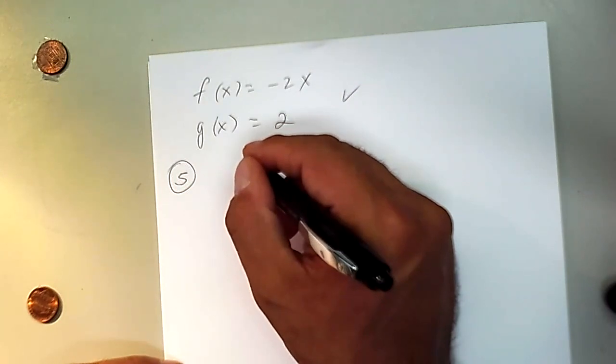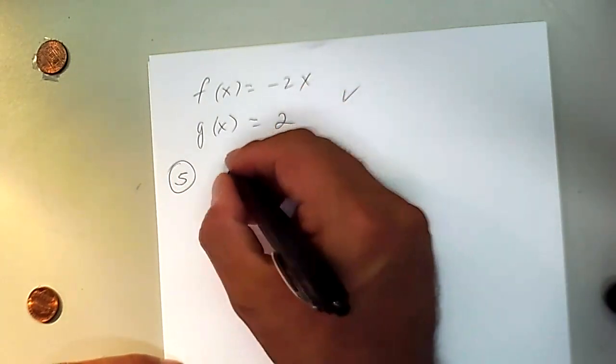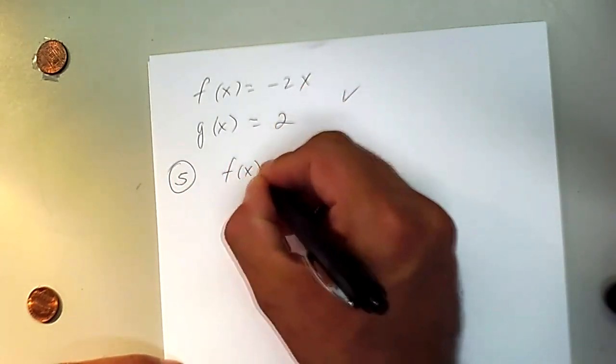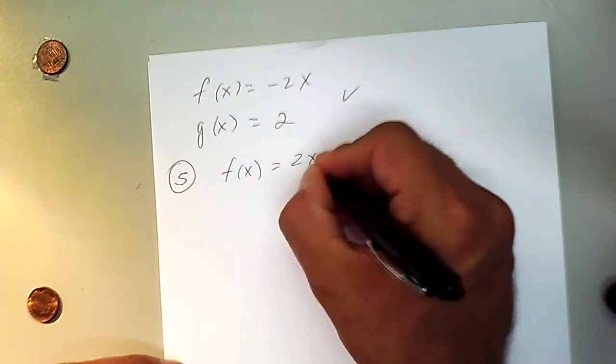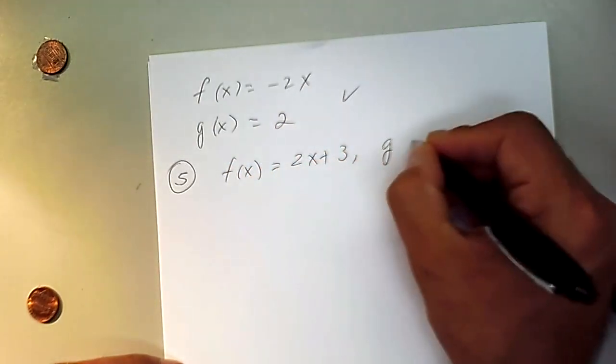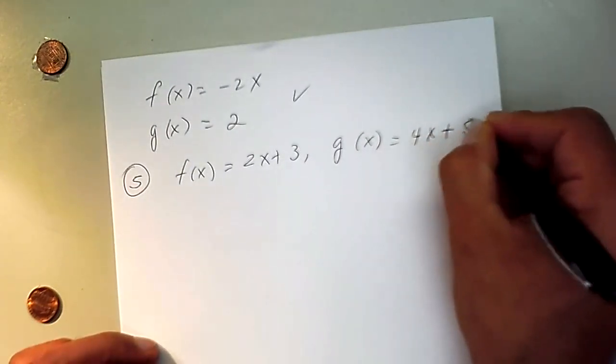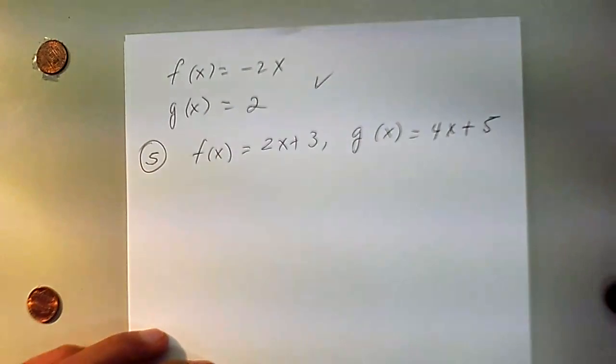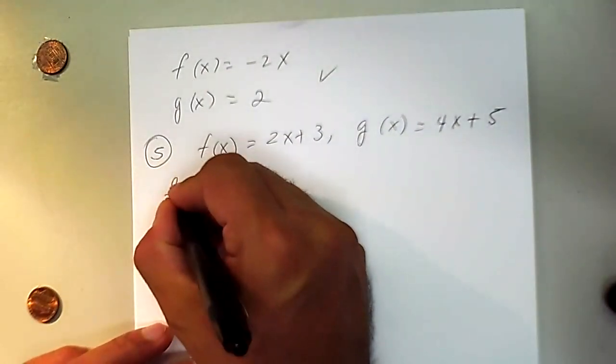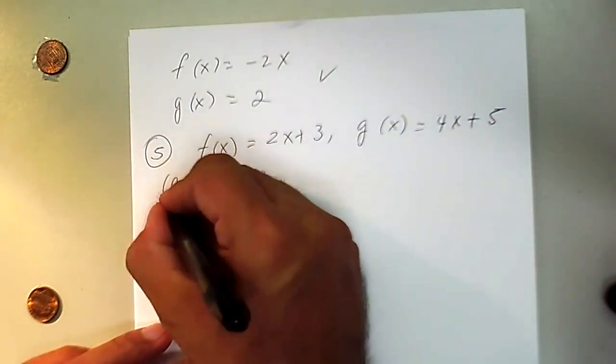Okay, so 5, let's speak about a multiplication. So again, 2x plus 3, and then 4x plus 5. So if we want to multiply f and g, we can come up with a new function.